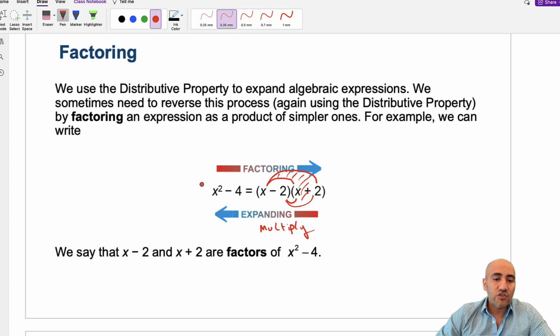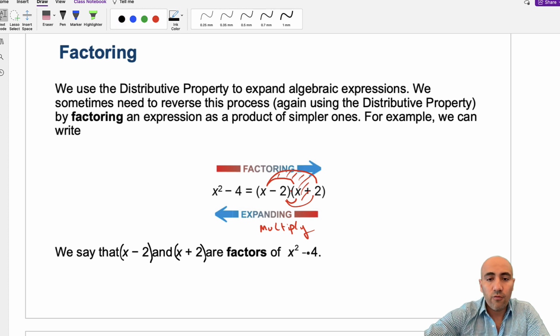But now we want to start here and go in this direction. That process is called factoring, right? How to rewrite a statement like this one as a multiplication of simpler polynomials. That is the process of factoring, right? So we say that x minus 2, a little binomial, and x plus 2 are factors of x squared minus 4.